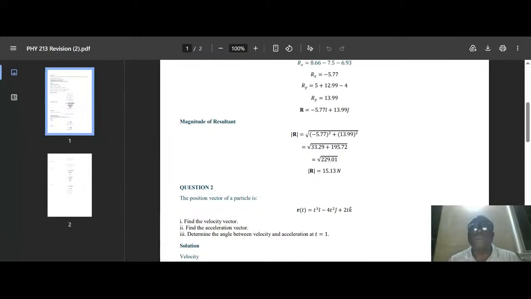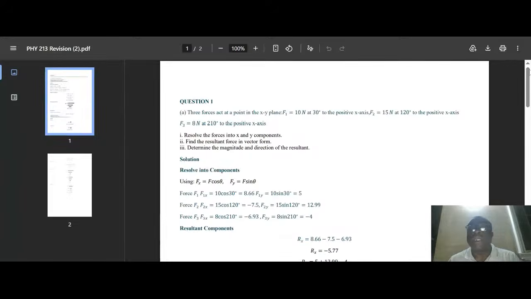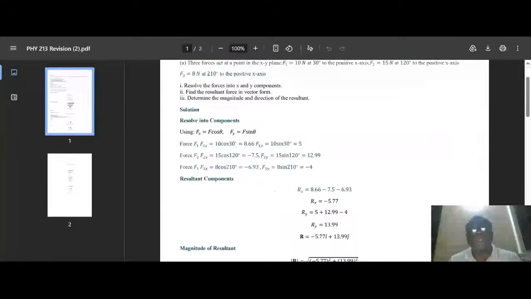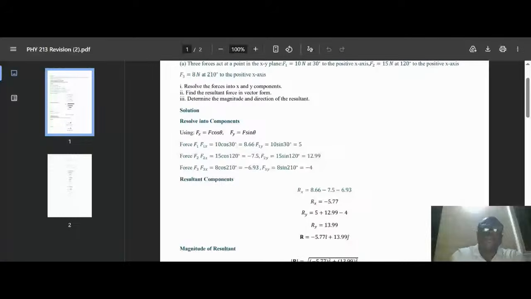Let me read the question again for the last time. If you are ready, I'm reading it. Three forces act at a point in the xy plane. F1 is equal to 10 Newton at 30 degrees to the positive x-axis.